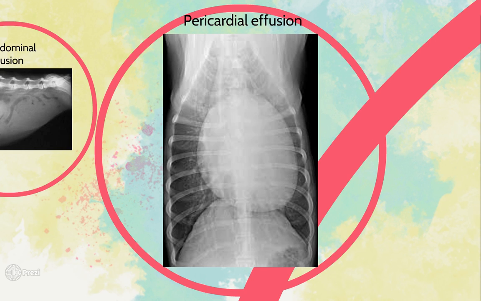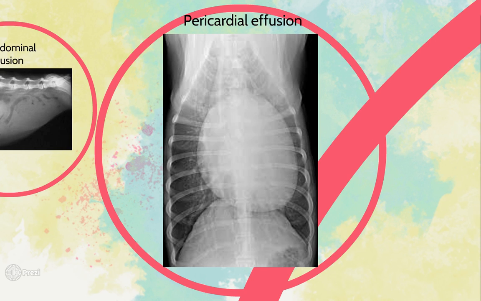Dogs, the primary cause is cardiac neoplasia. And of all the cardiac neoplasias that are out there, hemangiosarcoma is the number one most common. Another cause of pericardial effusion for dogs is idiopathic, reasons unknown.